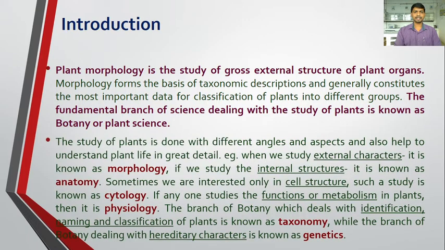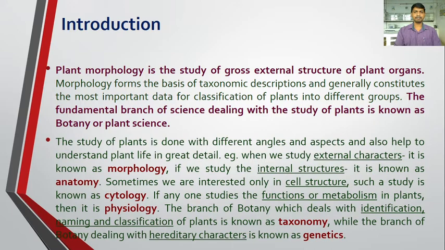The study of plants is done with different angles and aspects and also helps to understand plant life in great detail. So the various branches of the botany that has been used for study the plant with different angles and aspects. So these branches helps to understand the plant life in great detail.